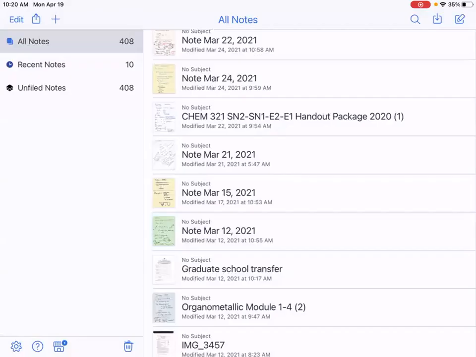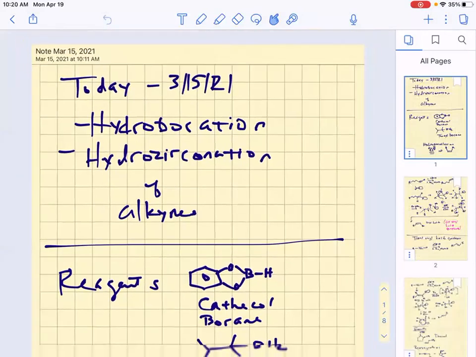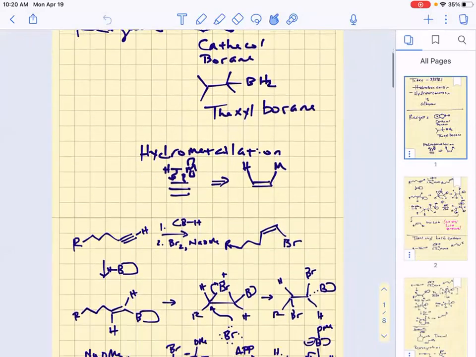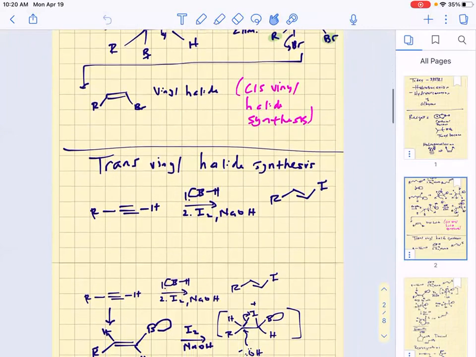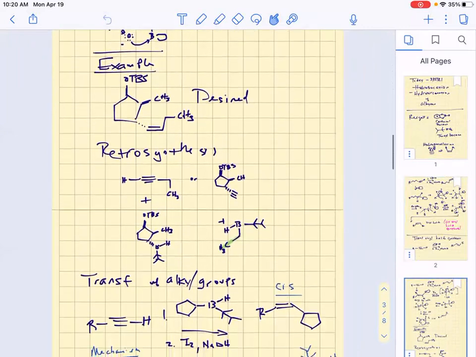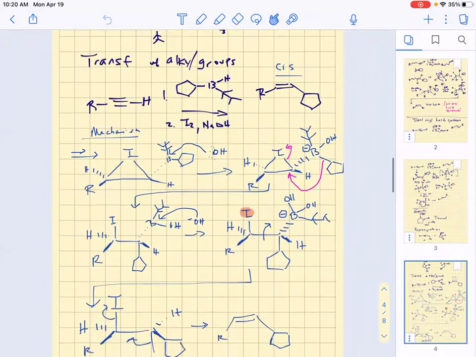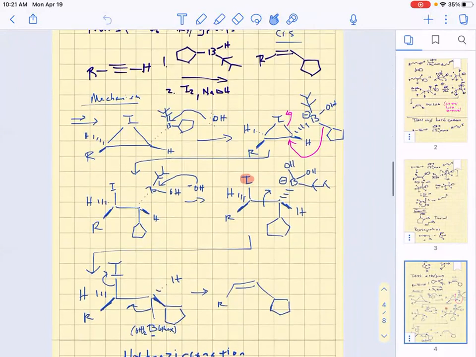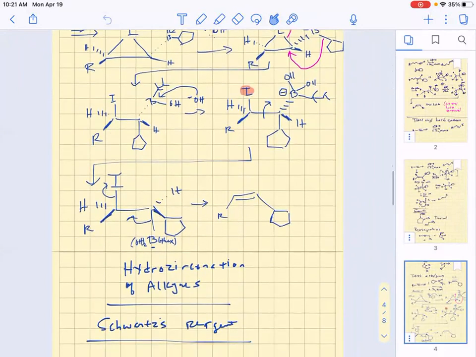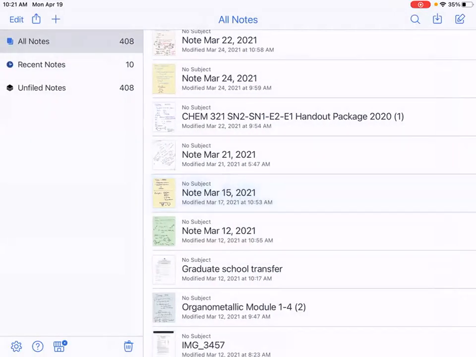That's not the note, but I think it's somewhere in there. Let me see. Yeah, so when we did hydroboration of alkynes, y'all remember doing that? I think one of those methods allowed us to transfer an alkyl group. Or maybe not. Okay, never mind. I know you could transfer an alkyl group, but it doesn't keep the halogen. So we got to come up with a different way.